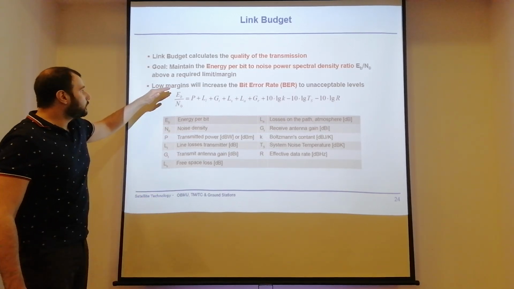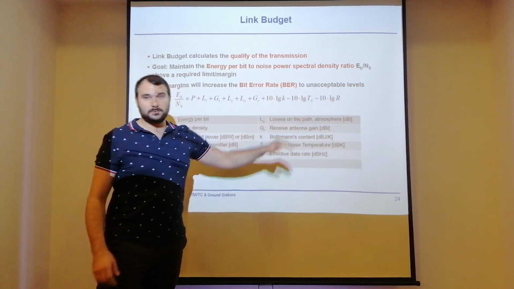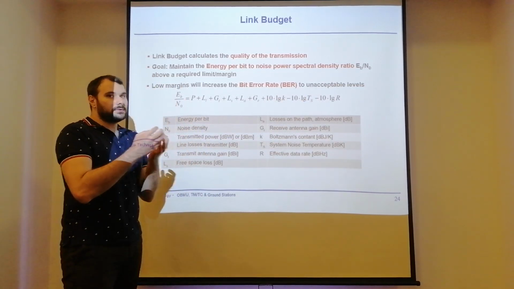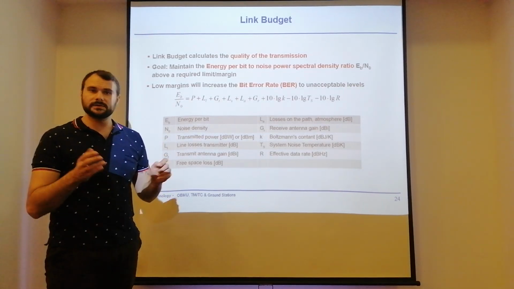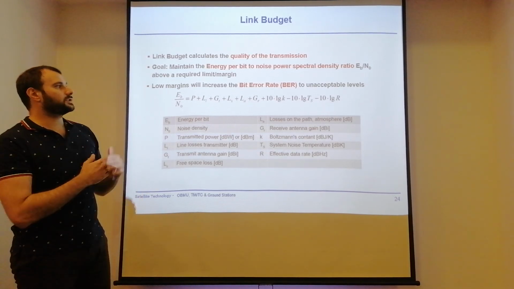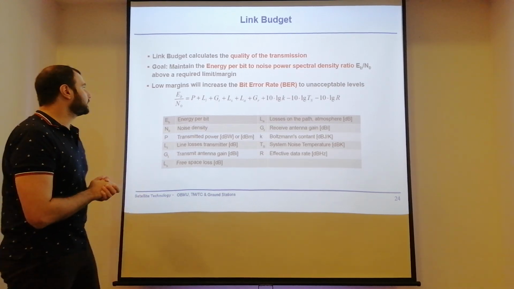Yeah, a low margin will increase the bit error rate up to an unacceptable level. So you usually will have a low bit error rate anyway because of those disturbances on the link, but at one point it increases above a certain threshold where it's unacceptable for you to operate your link.